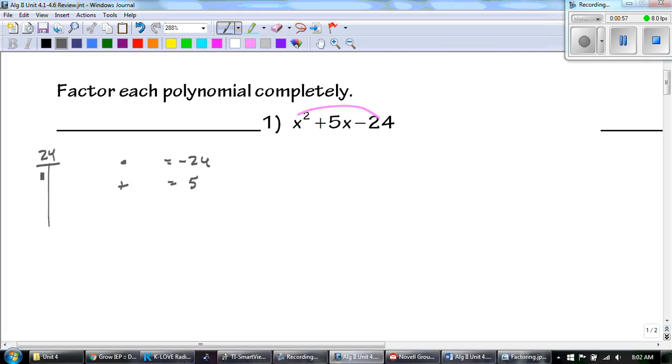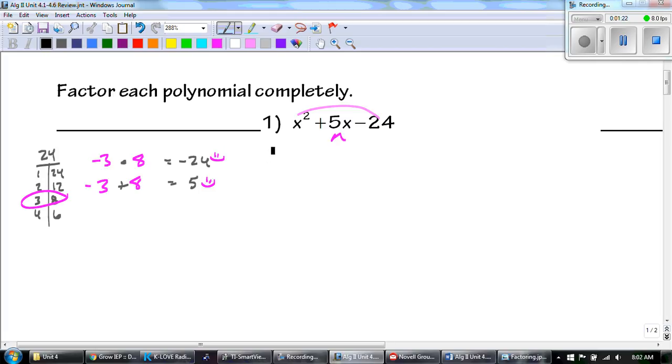So 1 and 24, 2 and 12, 3 and 8, 4 and 6. So the only way to get to 5 is with 3 and 8. One of those numbers needs to be negative, and it's a negative 3. And it works in both situations.